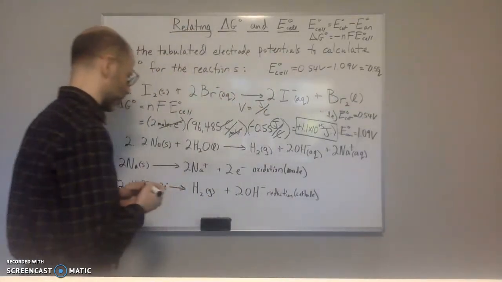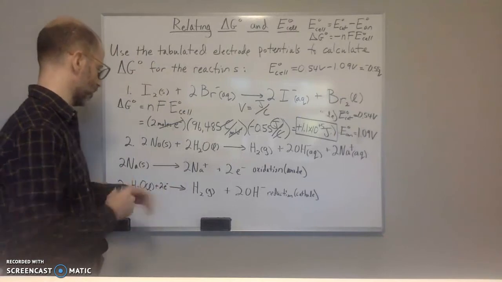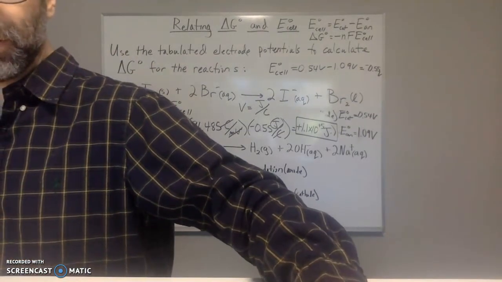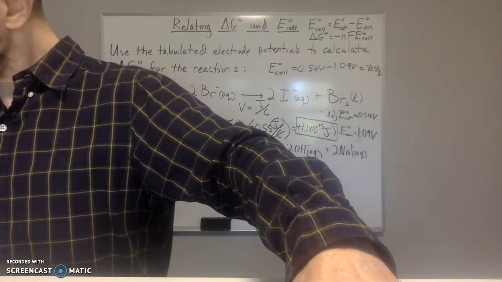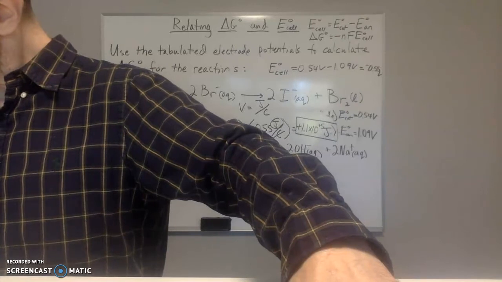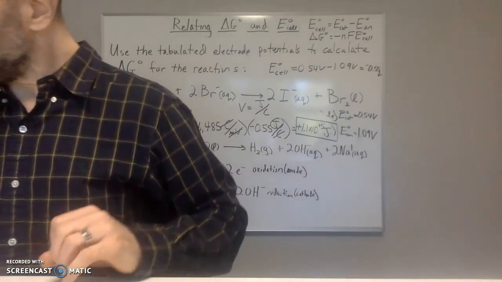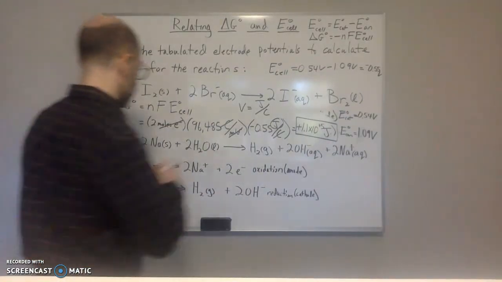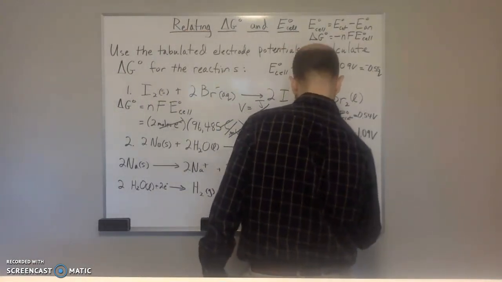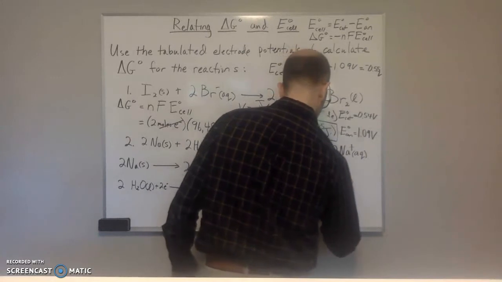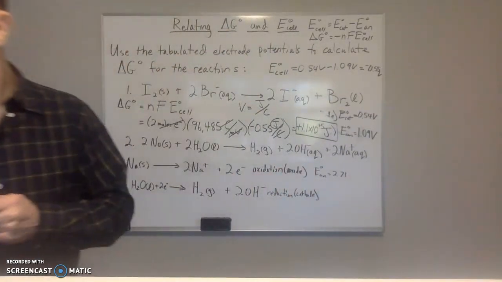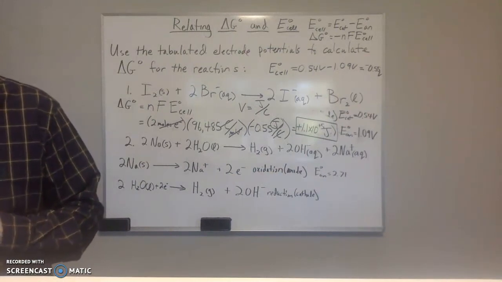So we look up the electropotentials for those, and the electropotential for the sodium is negative 2.71. Where's sodium go?